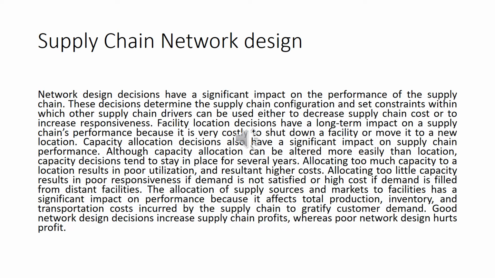Allocating too little capacity results in poor responsiveness if demand is not satisfied or high cost if demand is filled from distant facilities. The allocation of supply sources and markets to facilities has a significant impact on performance because it affects total production, inventory, and transportation costs incurred by the supply chain to gratify customer demand. Good network design decisions increase supply chain profits, whereas poor network design hurts profit.